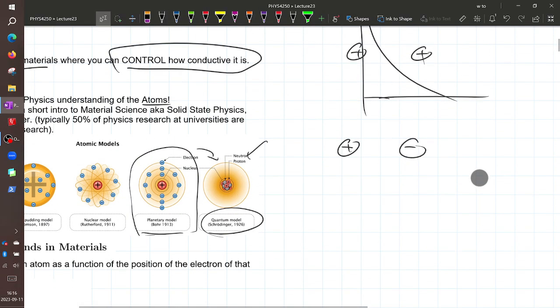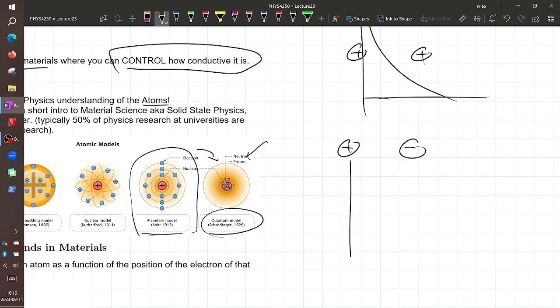But if you have the negative situation, as the negative charge approaches the positive charge, it goes to negative infinity. In fact, you can just write this equation down. The electric potential energy between two charges is this electric constant times Q1 Q2 divided by R, the distance between them.